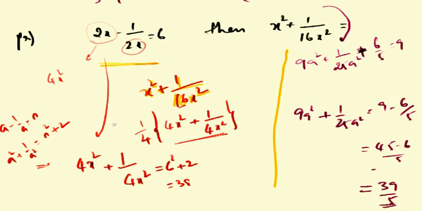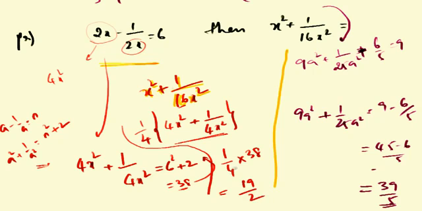Yeah, so this is what you got, 4x square plus 1 by 4x square is nothing but 38. So try to take this 38 and substitute it here. So what will happen to the problem? It is nothing but 1 by 4 into 38. So what is the answer you will be getting? This is nothing but 19 by 2, because 2 19s are 38. So you will get the answer 19 by 2.